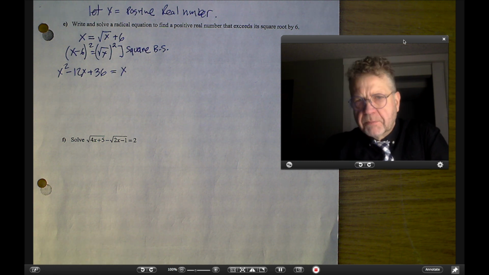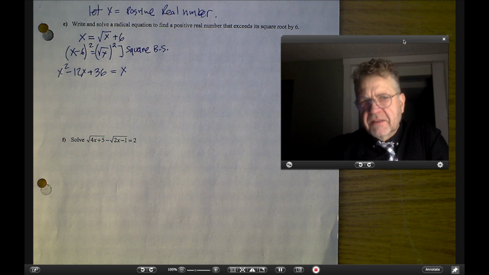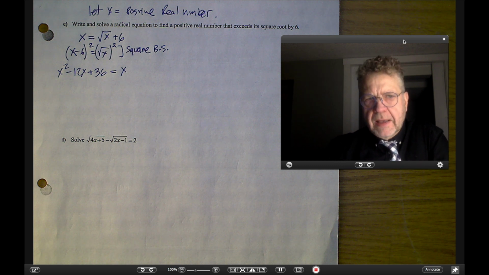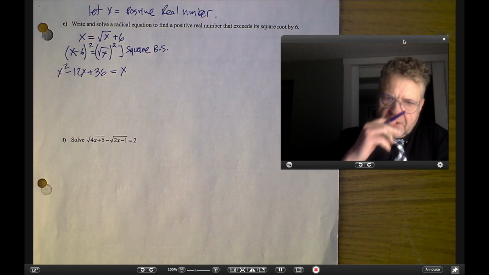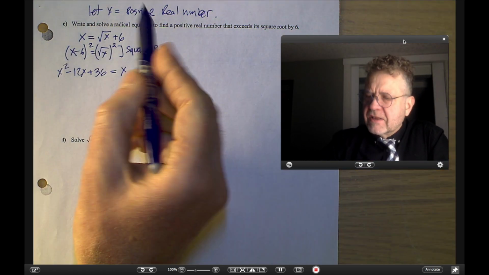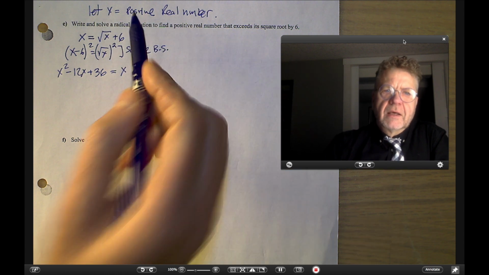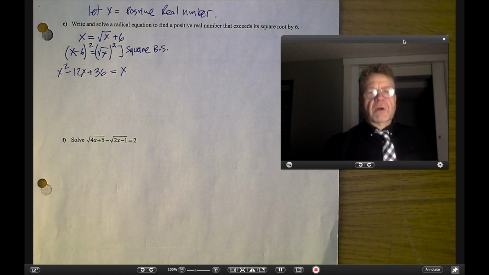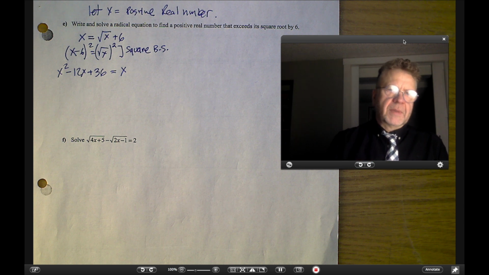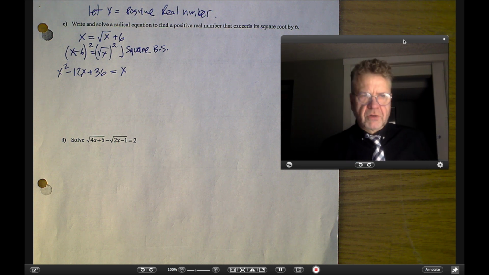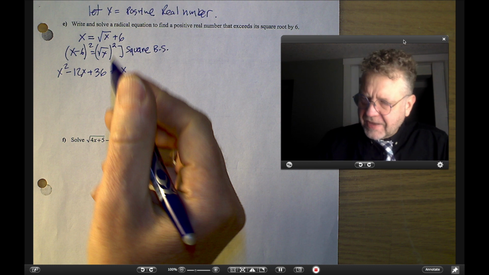And then we're going to test both of those values against the restrictions that we establish, which are pretty obvious, right? If x is inside the radical, x has to be greater than or equal to 0. But it already is because of the question. So we're not going to have to do a restriction test, but we're going to plug those values for x that come out of the quadratic equation and test them to make sure left side equals right side and make sure that everything is copacetic.